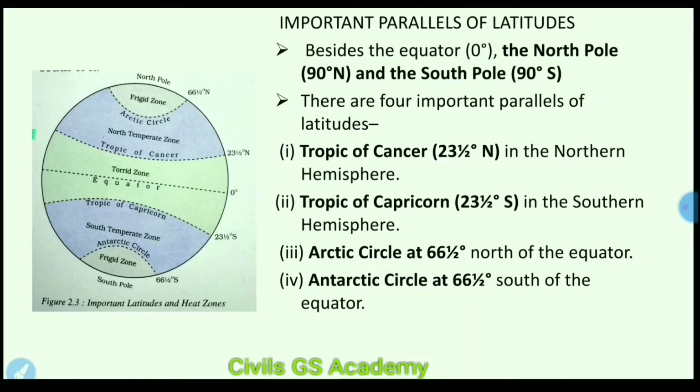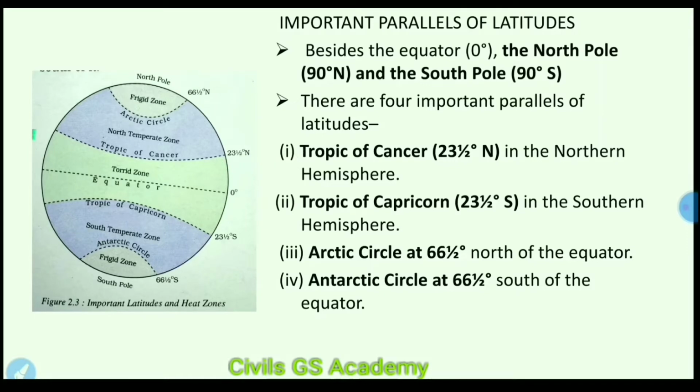Now important parallels of latitudes. Beside the equator at 0 degree, the North Pole at 90 degree north latitude, and the South Pole at 90 degree south latitude, there are 4 important parallels of latitudes on the globe. Number first, Tropic of Cancer.